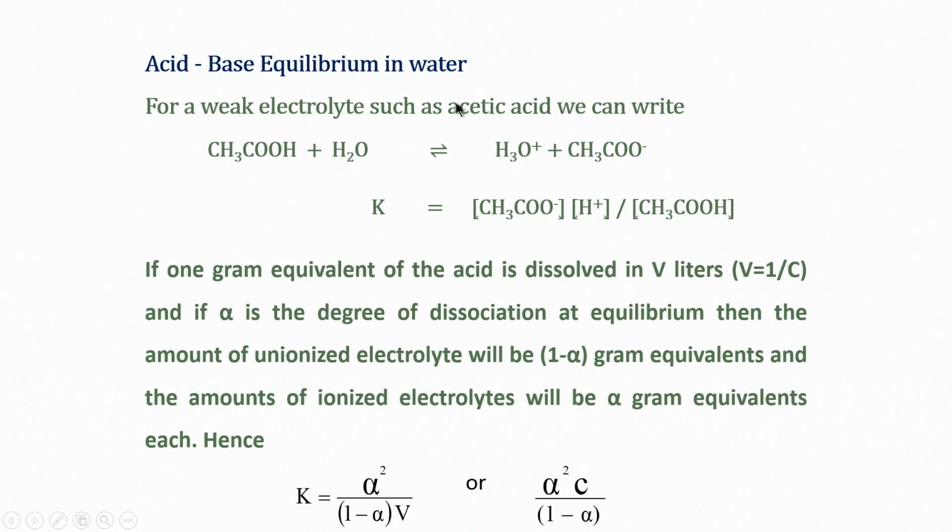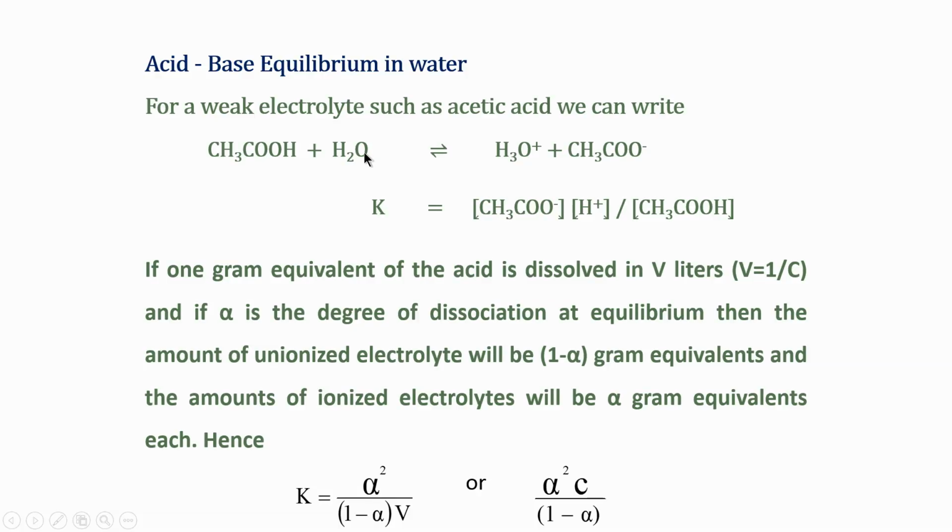So, acid base equilibrium we discuss as the next part of our understanding of the basic techniques in chemistry or electrochemical technology. So, I can write for a weak electrolyte such as acetic acid, CH3COOH, that is the formula for acetic acid, plus H2O going to H3O plus and CH3COO minus.